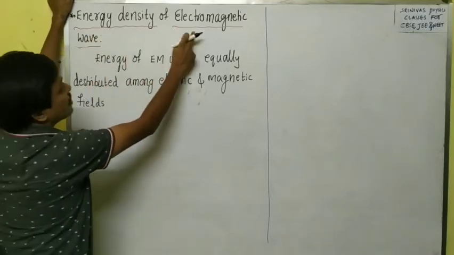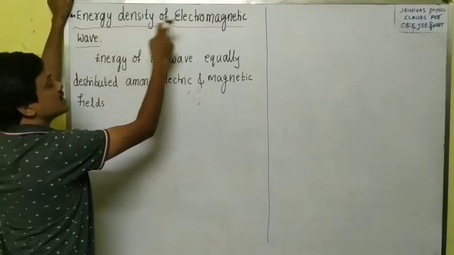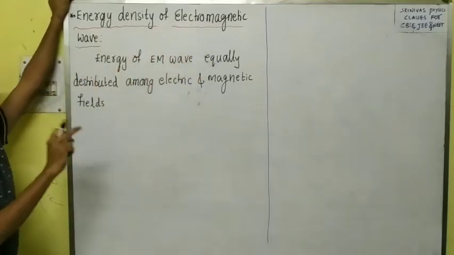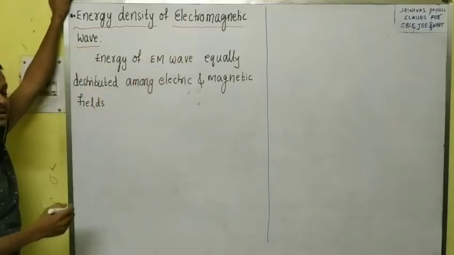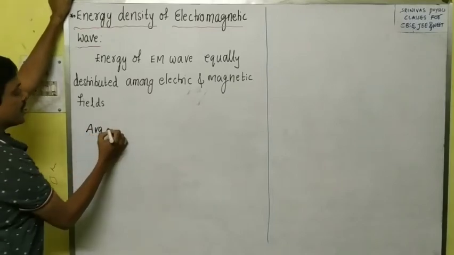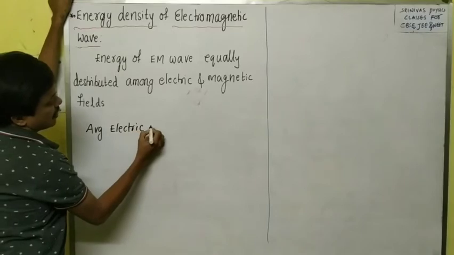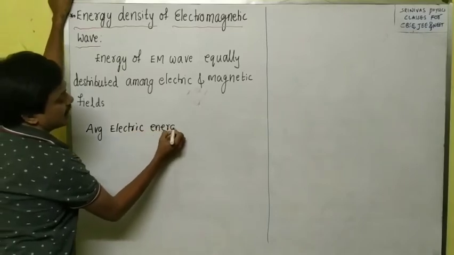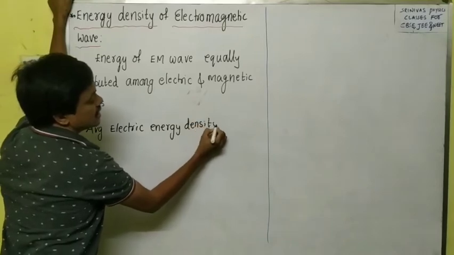For the energy density of an EM wave, there will be energy density in the electric field and energy density in the magnetic field. If we add the electric and magnetic, then we will get the electromagnetic wave energy, right? First I am going to write the average electric energy density, which means energy density in the electric field.